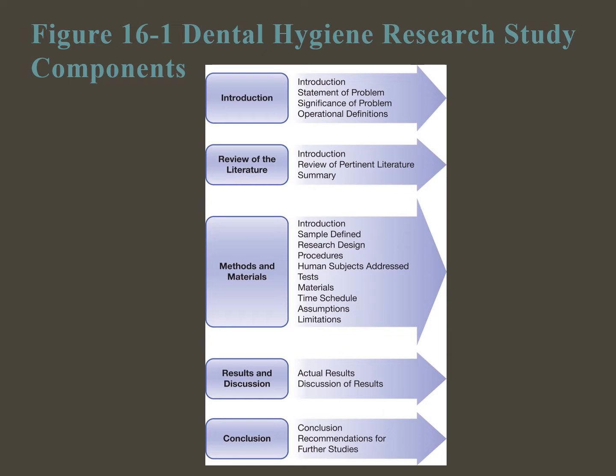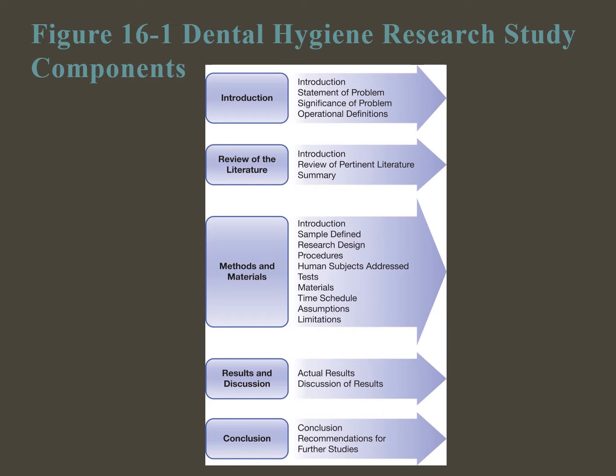Then in methods and materials, again, they'll introduce what they're talking about. They'll do a sample where they explain how they got the sample and how they manipulated the sample, whether it was randomized or it wasn't randomized.